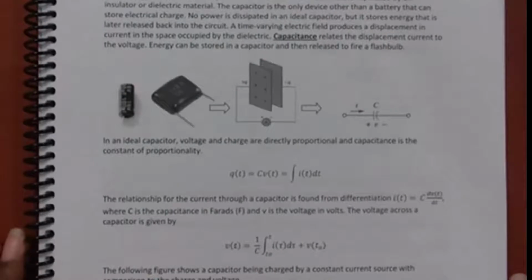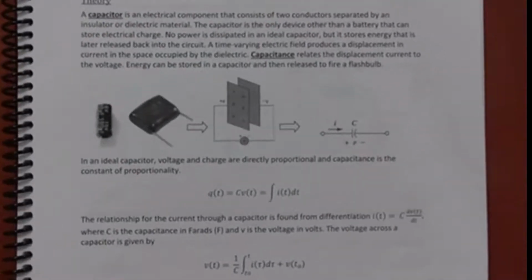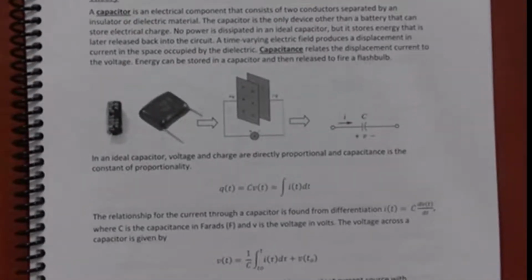So a capacitor is an electric component that is made up of two conductors separated by a dielectric, or an insulated material. And it's the only device similar to a battery that can store electric charge. So it can store electric charge or voltage and then release it back into the circuit.